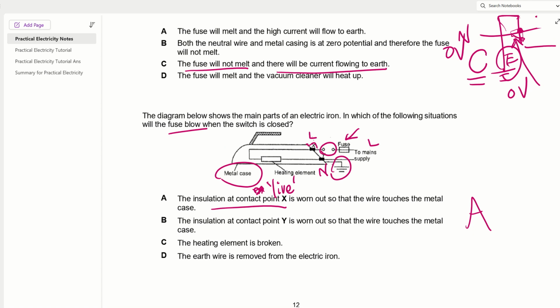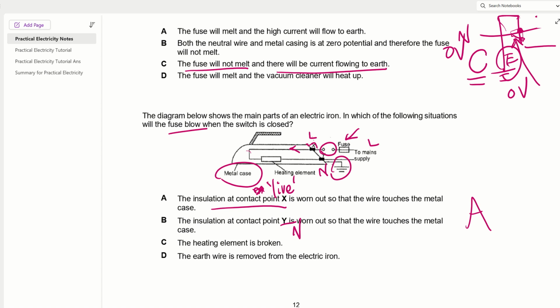At the same time, when current is flowing into the appliance, there is also current flowing through the metal case into the earth wire. That means there will be excessive current, because now it's like a parallel path. This will cause the current to exceed the fuse rating and the fuse to melt. So the answer is A. If it's at Y, it is a neutral wire, so it doesn't matter.